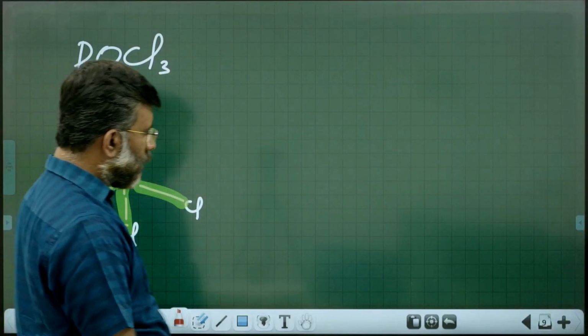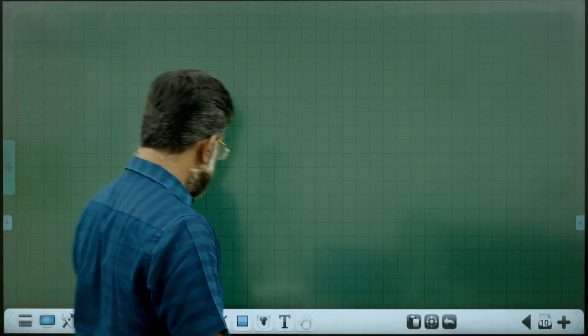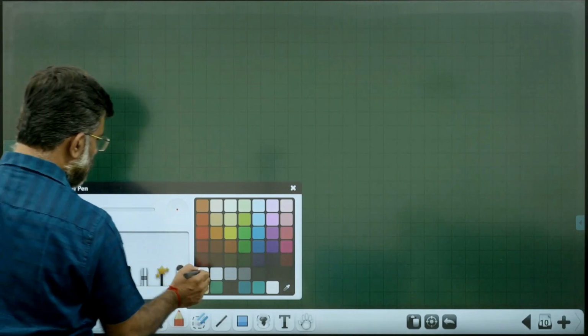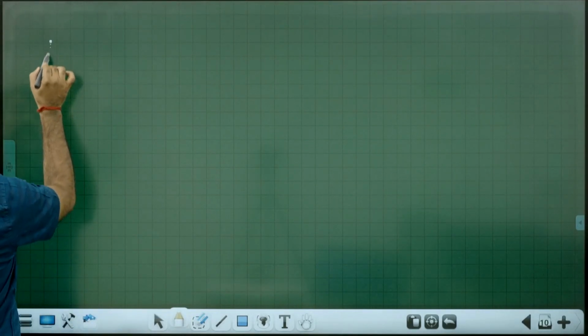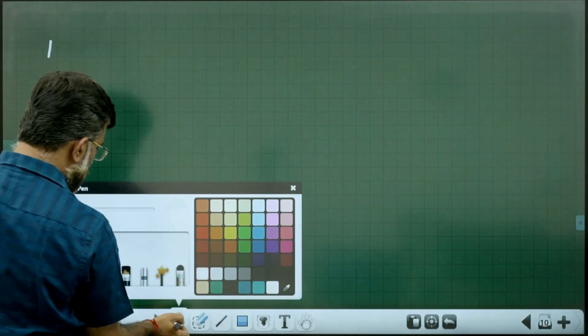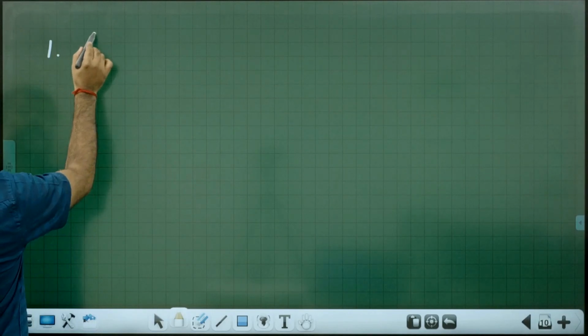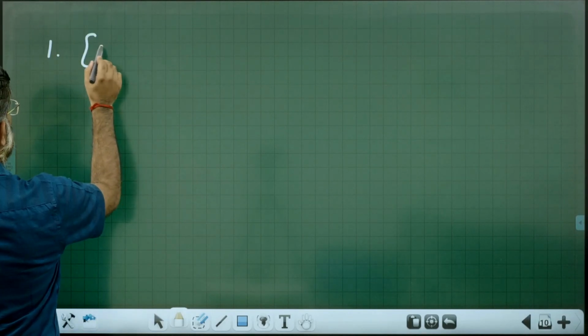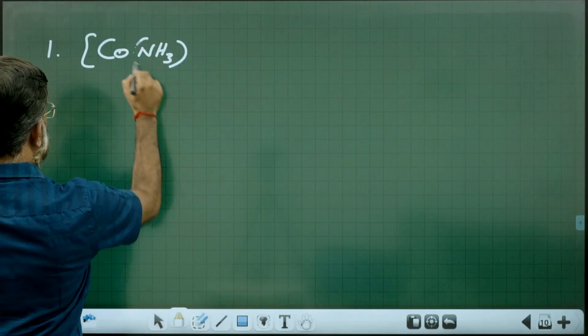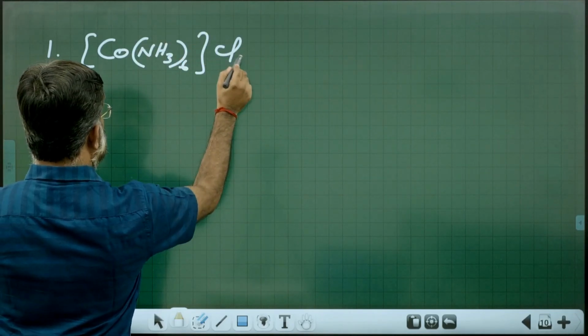What are the 4 types of complex molecules? Type 1 can be a complex molecule of this kind. As we were discussing earlier, Co(NH3)6 Cl3.